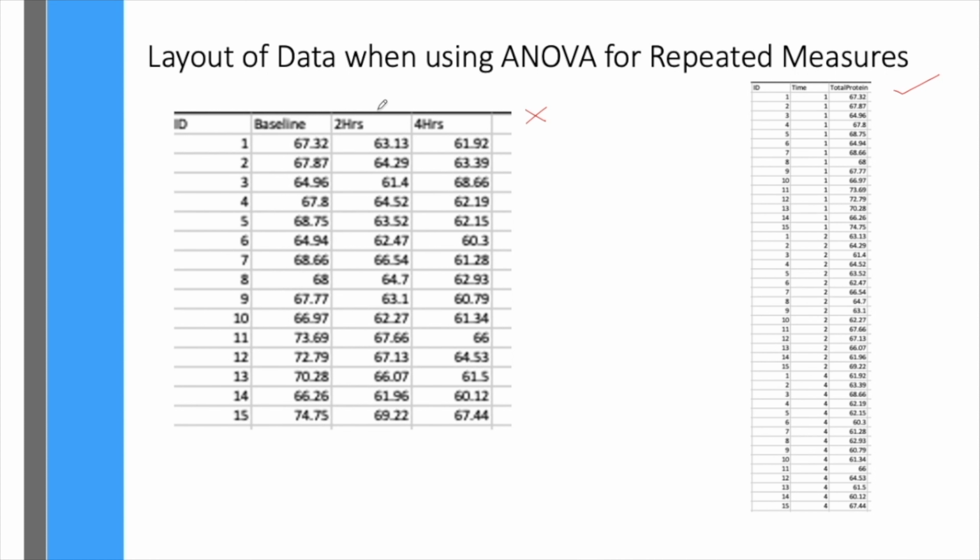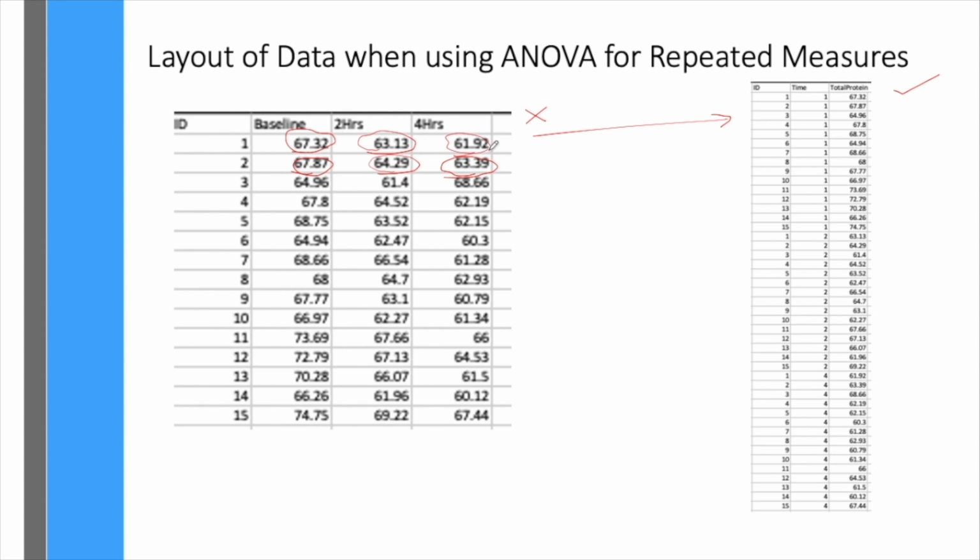So if your data looks like this one, let's say you have 15 samples measured at baseline, 2 hours and 4 hours, sample number 2 measured at baseline, 2 hours and 4 hours, you have to modify the layout of the data in this manner.